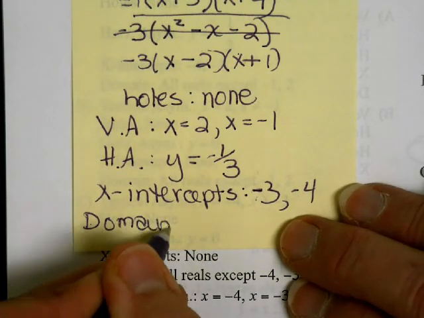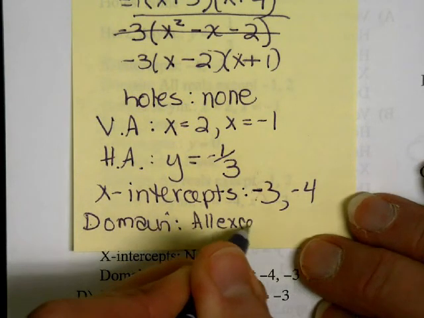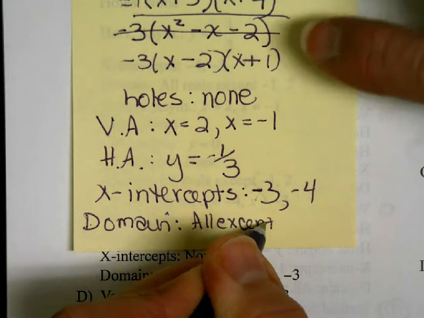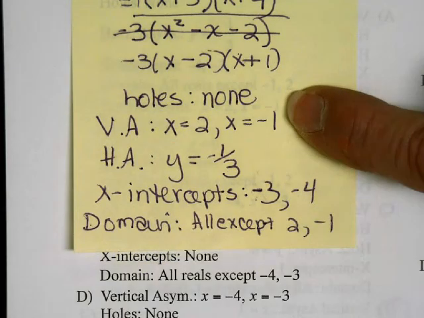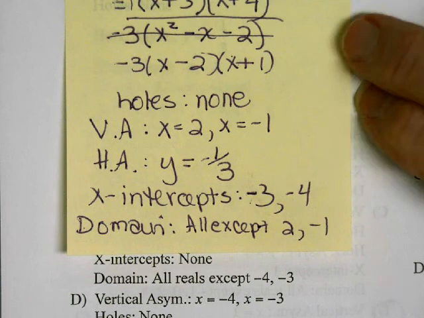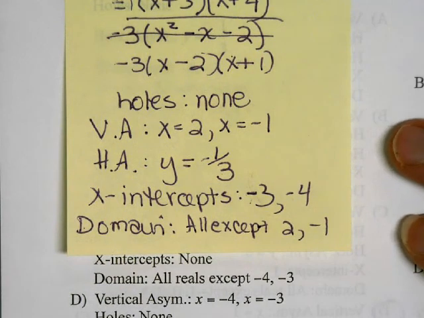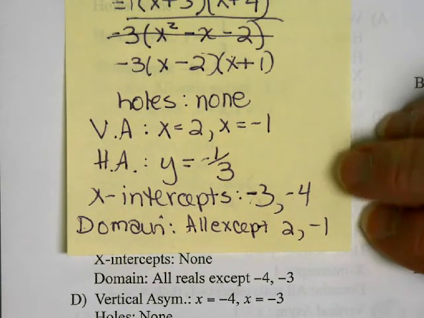Okay. And then the domain. All except up here, 2 and -1. I don't know if they'll have it in that order, but it's all reals except 2 and -1. I'm getting really shorthanded. Let me see.